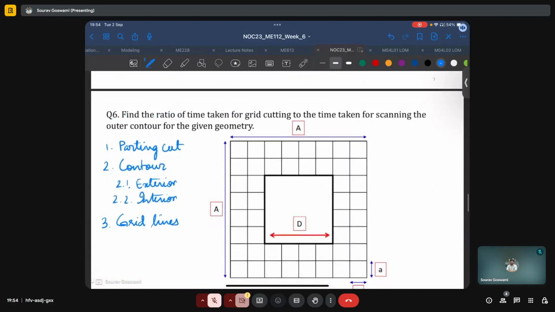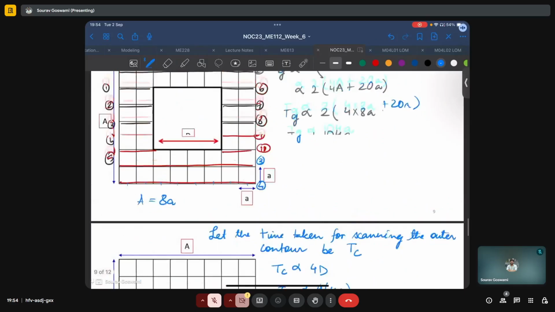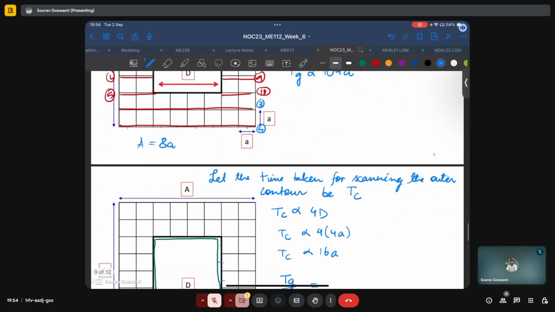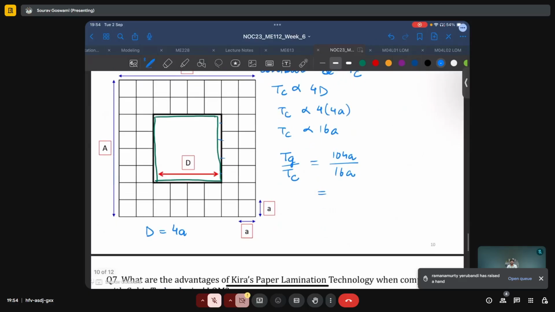We're asked to find the ratio between the time taken for grid cutting and for outer contour, or Tg by Tc. Assuming that they are related by the same constant of proportionality, this will simply be equal to 104a by 16a, which is equal to 13 by 2 or 6.5.